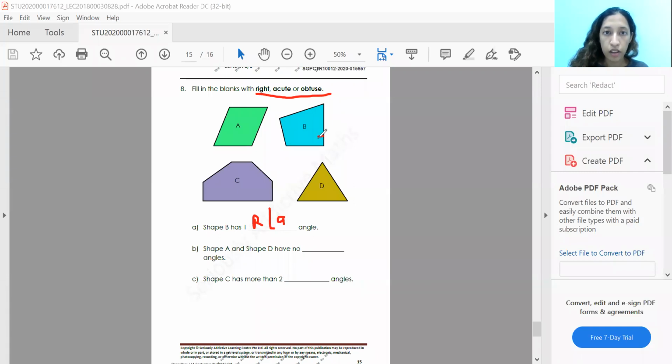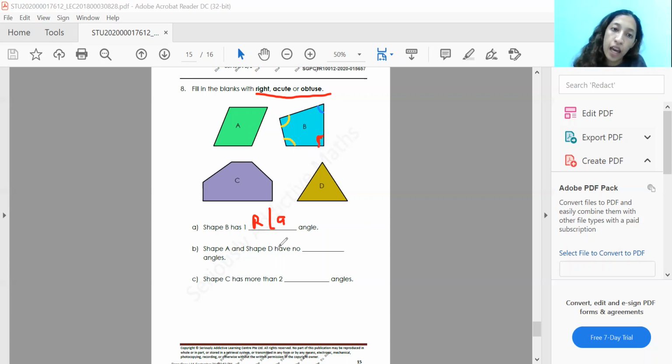One right angle over here. Okay, this is an obtuse, so I'll use yellow for obtuse. And then this is also obtuse. I'll use blue for acute, and this is acute. So you can write either one right angle or one acute angle, because here there are two obtuse angles. All right.